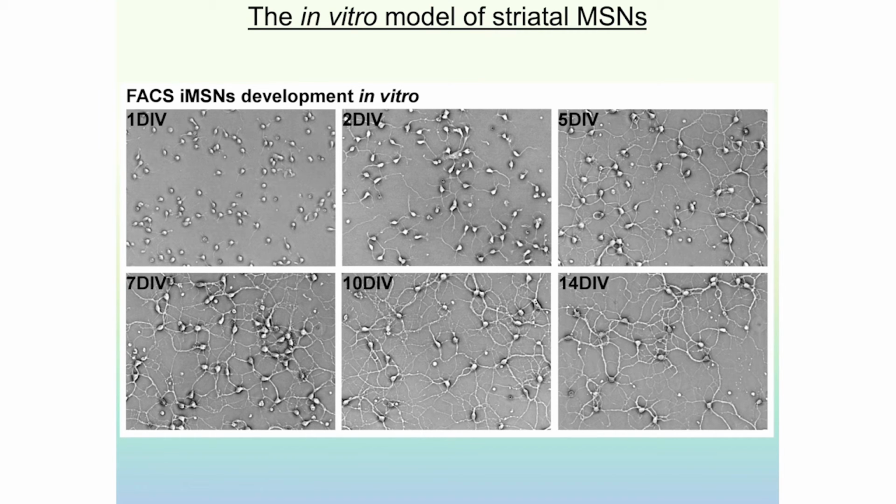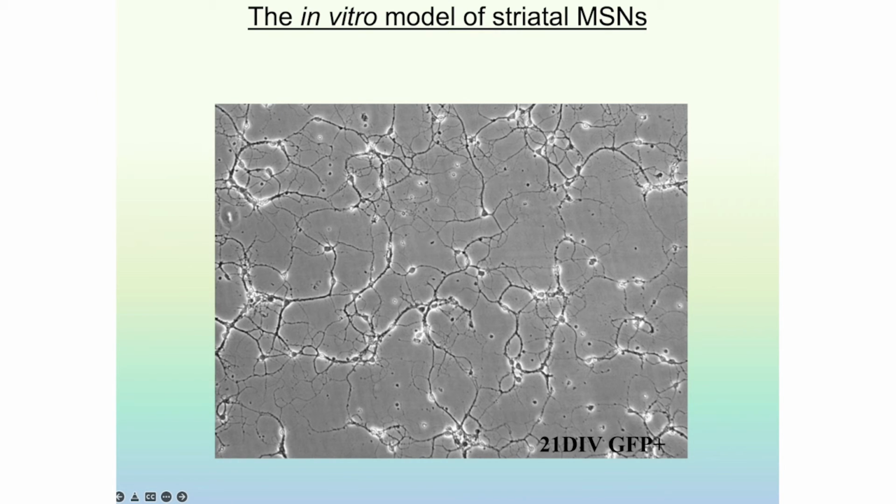Overall, it was not that difficult to keep them alive for at least 14 days, as you can see over here. And the longest culture I ever had was like 21 days, but I never performed experiments after 21 days in vitro, so I always stopped at that time. And I never tried how long I could actually keep them alive in cell culture.